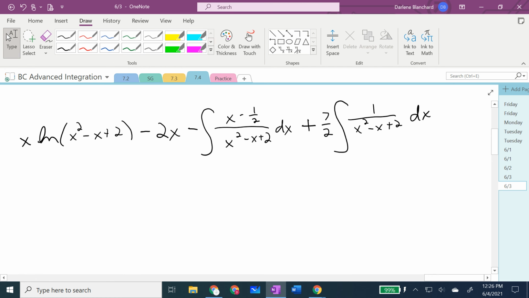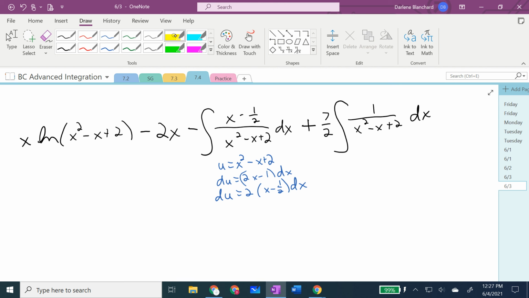And here we are. Let's integrate the u substitution. And if we recall, that was... so x minus 1/2 times dx is replaced with a 1/2 du.